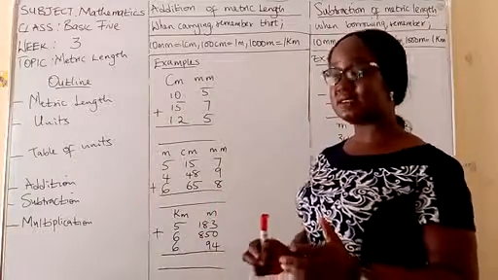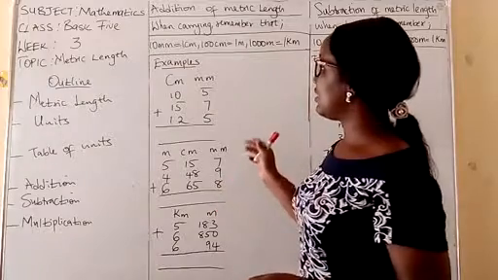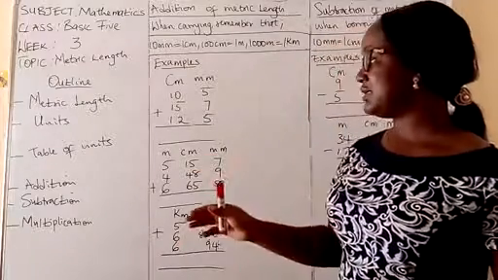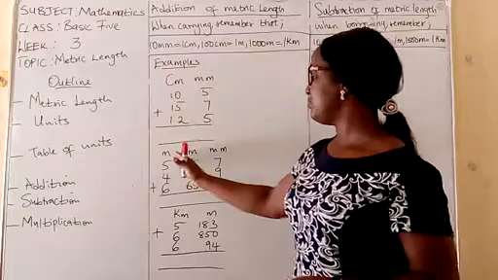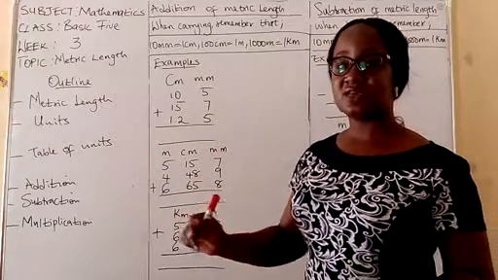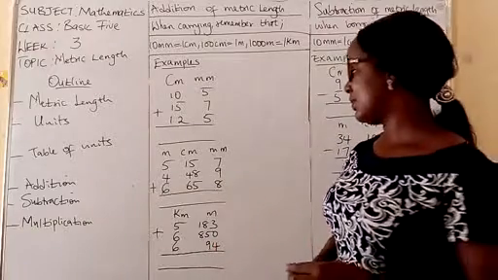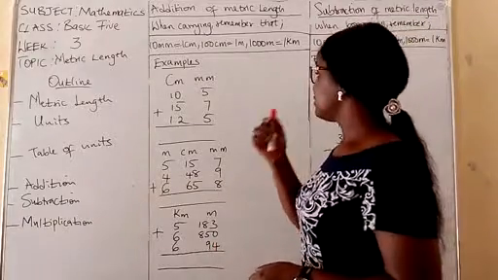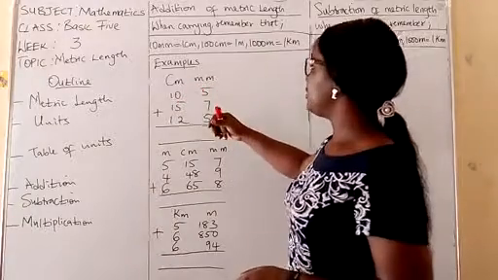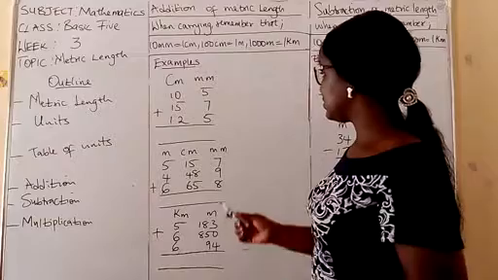Either way, you are meant to know what to do, because I have taught you the units, and you know the relationship between the two, so you can solve and convert appropriately. So let us solve. For centimeter and millimeter, we know that 10 of these will give you 1 of these. So let's start to solve.